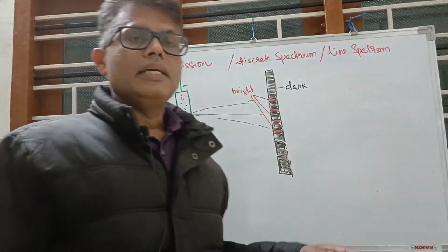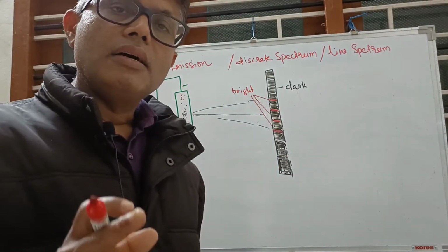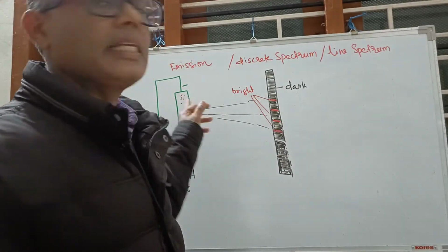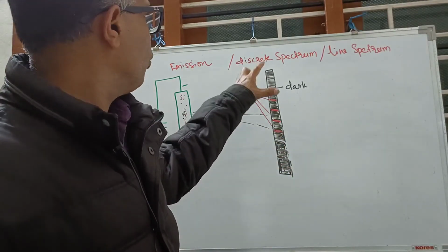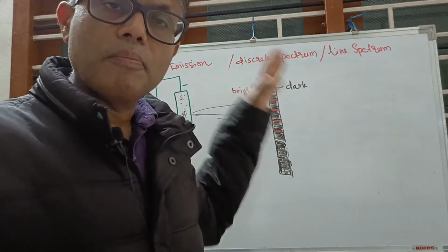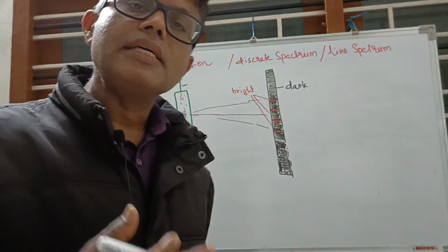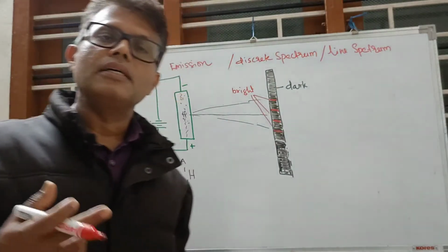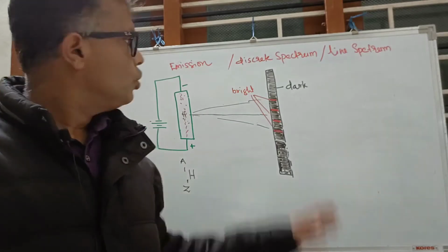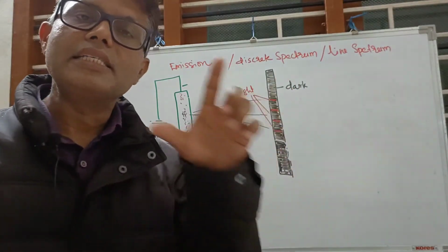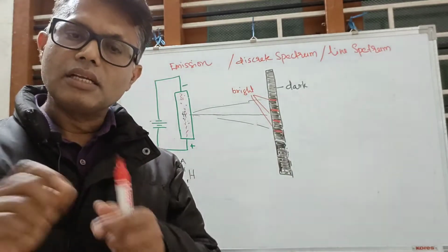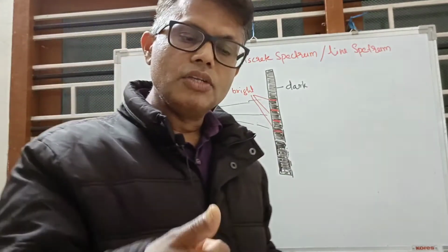They have a fixed wavelength for the fixed gas. This hydrogen gas has a specific spectrum. For helium gas, there is another specific spectrum. So this discrete spectrum of a gas is like a signature, like your thumb impression.